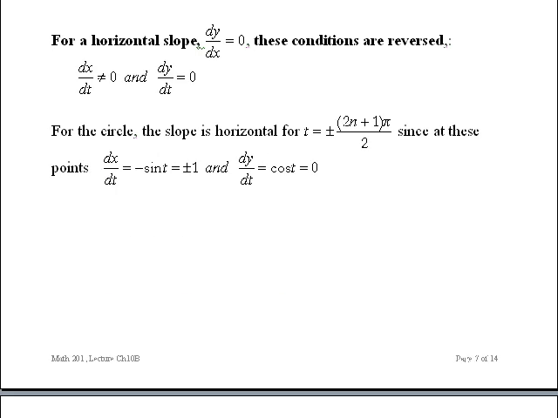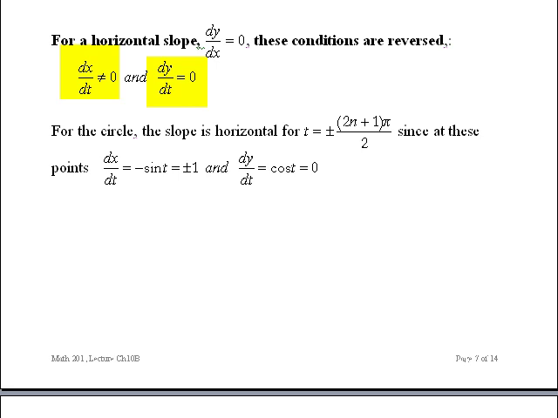For a horizontal slope, dy by dx is 0. So now the conditions that we had for the vertical slope are reversed. We need dy by dt equal to 0, but dx by dt not equal to 0.